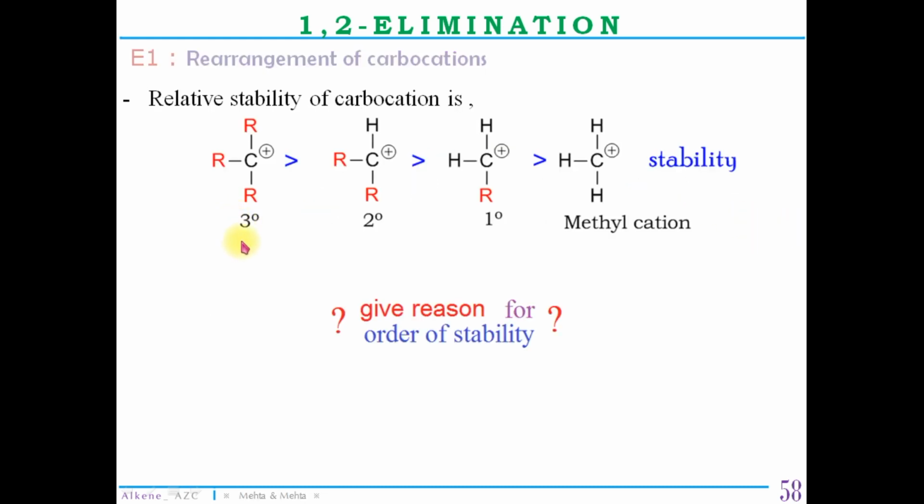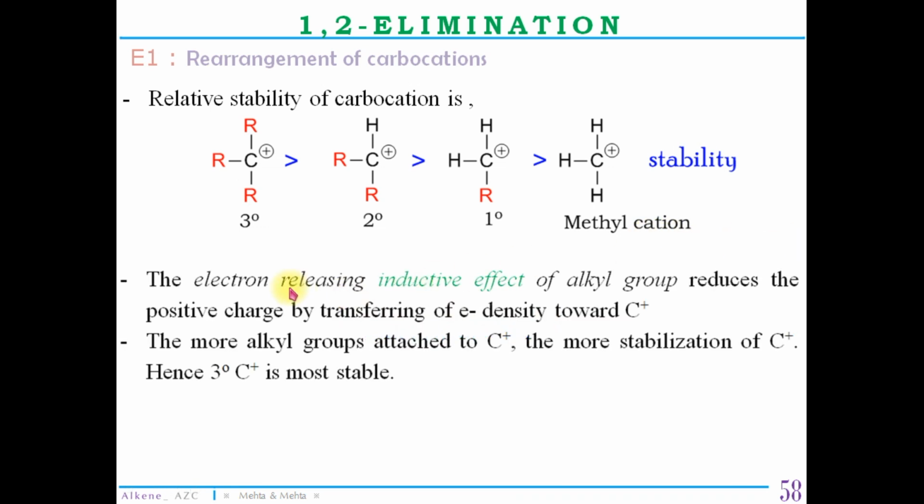Now, why is tertiary carbocation more stable than secondary, and secondary more stable than primary, and lastly methyl carbocation the least stable? The reason is the inductive effect. The electron-releasing inductive effect of the alkyl group reduces positive charge by transferring electron density toward the carbocation, an electron-deficient species.